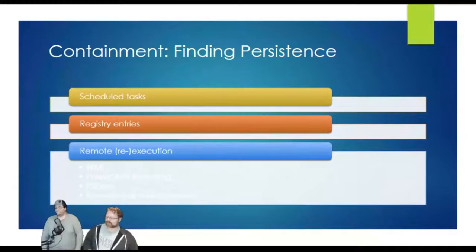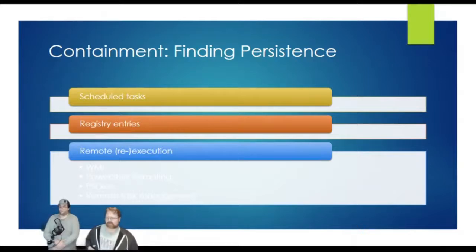Now, the next step, once we see what's going on, is finding the persistence. And what we want to look for is scheduled tasks. We want to look for registry entries. We want to look for remote re-execution. We're going to look for WMI persistence.